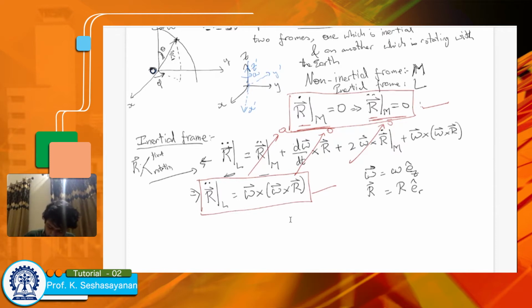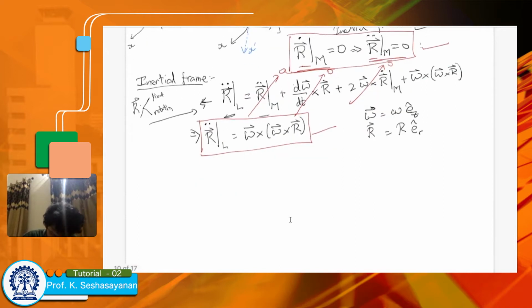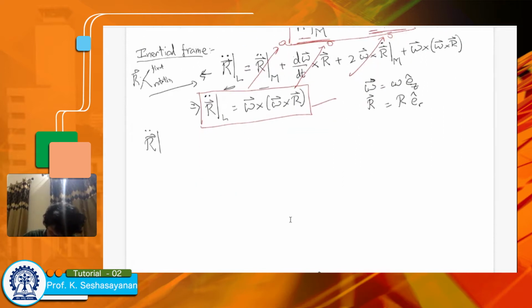So now, in order to do these cross products, we have omega Ez hat cross (omega Ez hat cross R Er hat). Since omega and R are scalars, I'll take them out. So omega squared R times Ez hat cross (Ez hat cross Er hat).